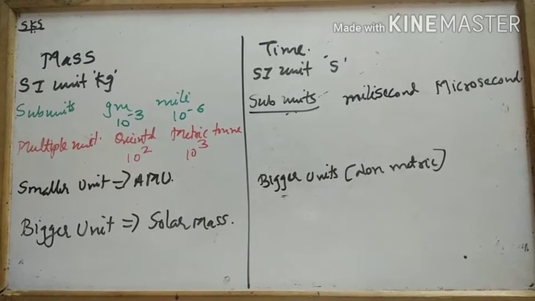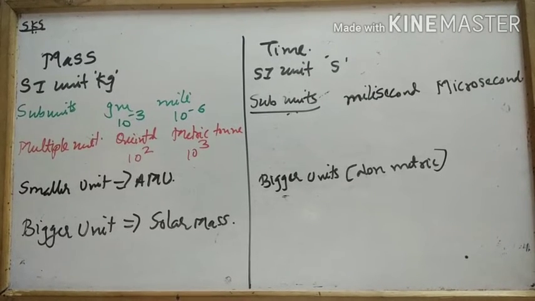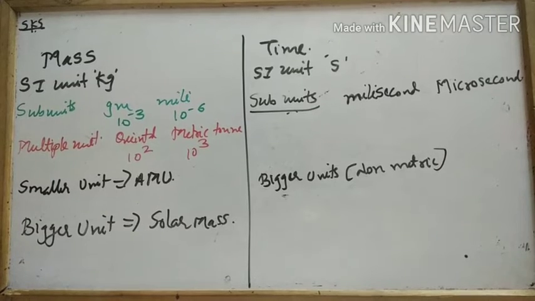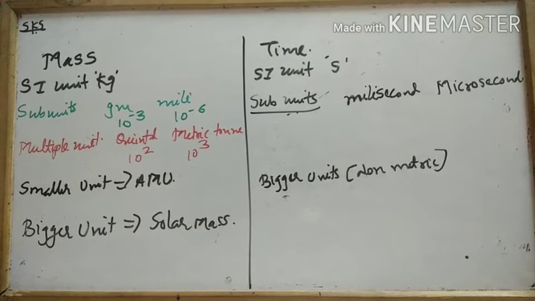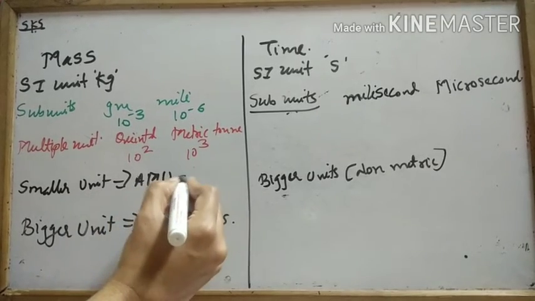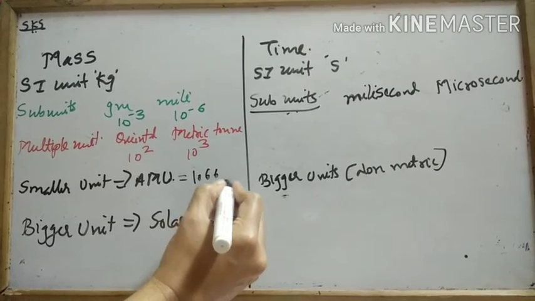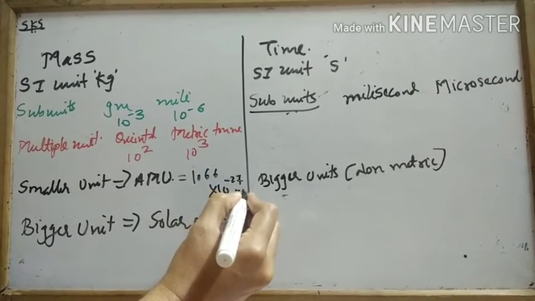There are smaller units you might be studying in chemistry: the mass of an atom is approximately equal to 1.66 into 10 raised to negative 27 kilogram.